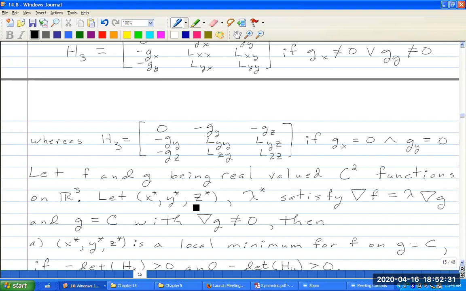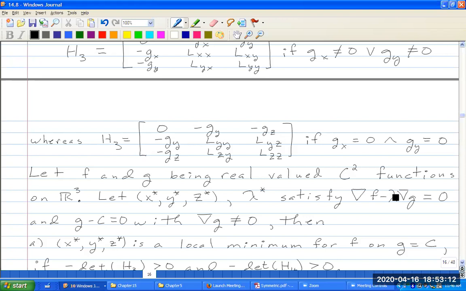Let x star, y star, z star, lambda star satisfy, I like to write it the other way, so let's write it this way, that the gradient of L with respect to x, y, z is 0, and the partial of L with respect to lambda is 0, with the gradient not being 0.